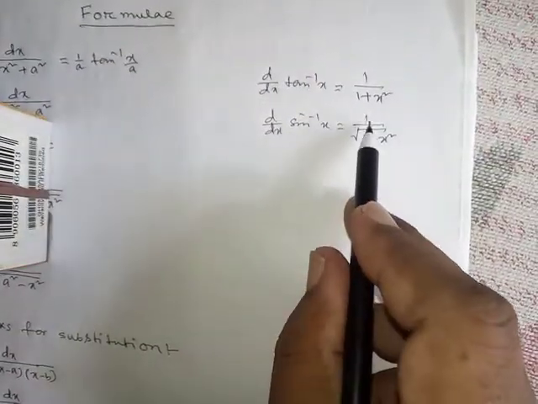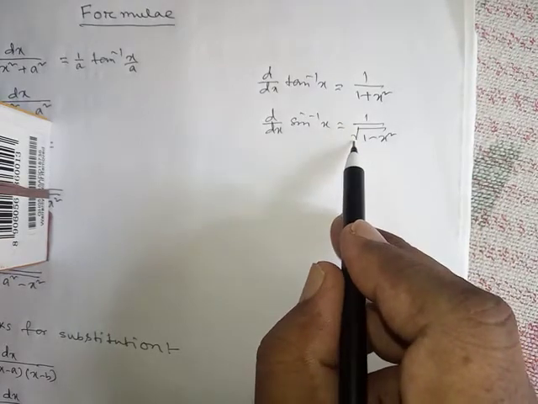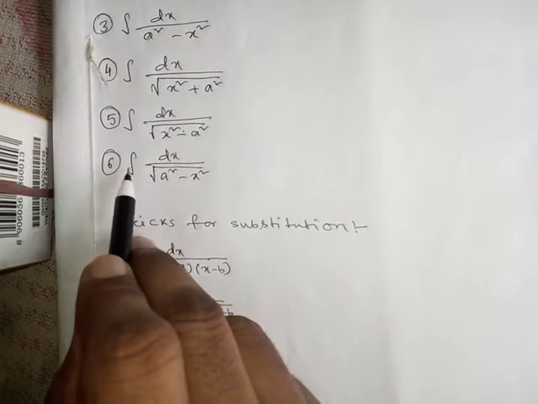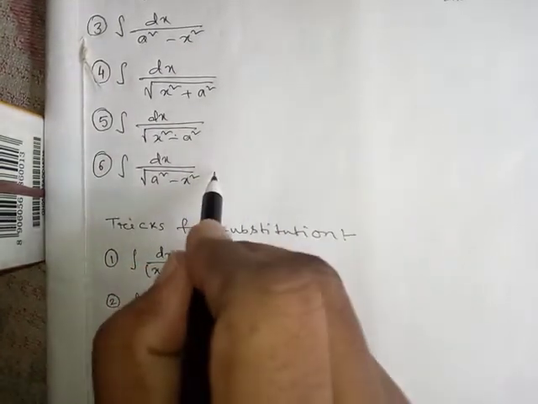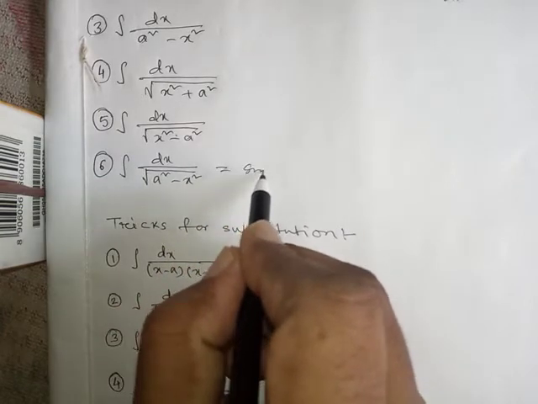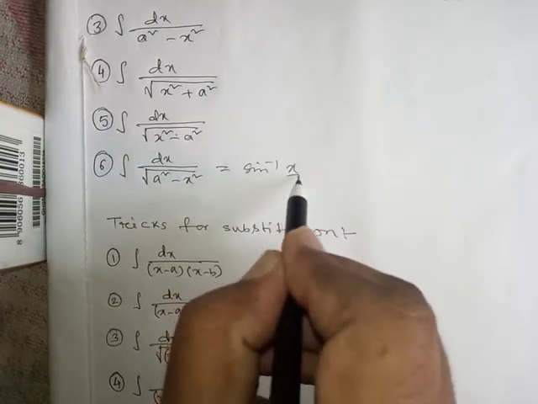Here see, sine inverse x has the derivative 1 by square root of 1 minus x square, and formula number 6 has similarity with that formula. So it will be sine inverse x by a.